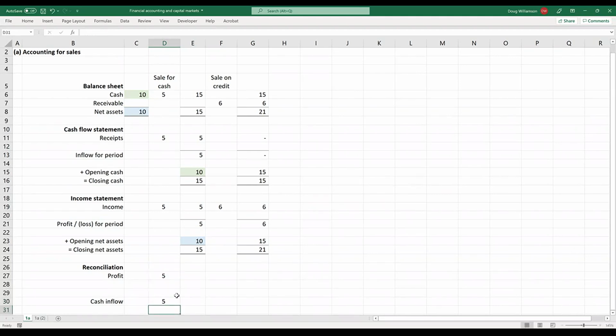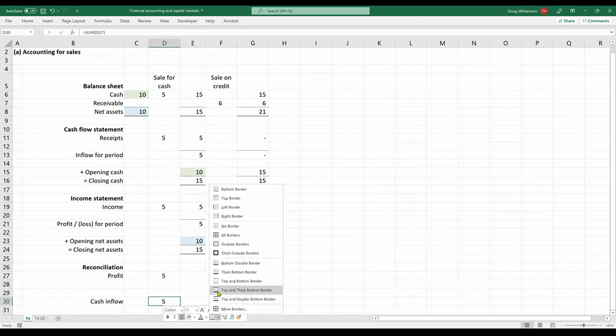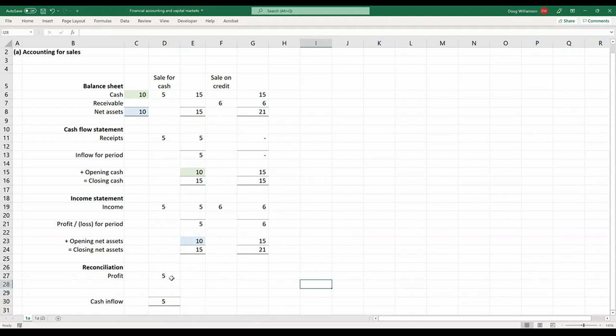And in this period it was. There are no differences between the cash flow and the profit in that first period.